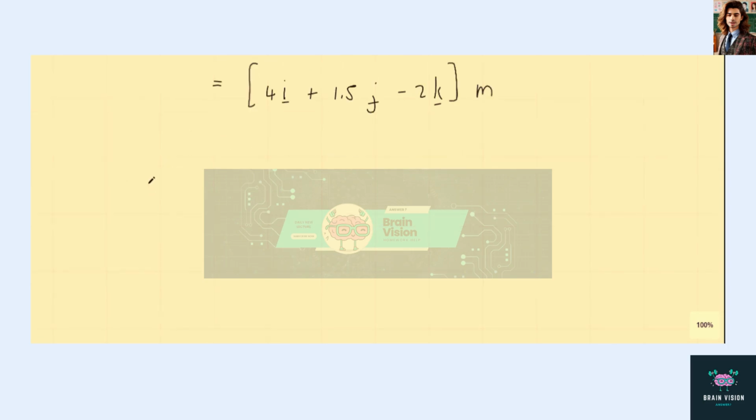Now we have the position vectors. We need to find the velocity vector VA. Now the velocity of the particle is its speed, VA, times the direction of AB, which is the vector r_AB over the magnitude of that vector r_AB.